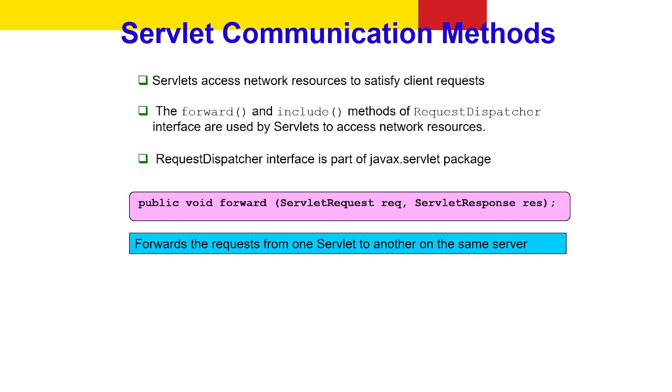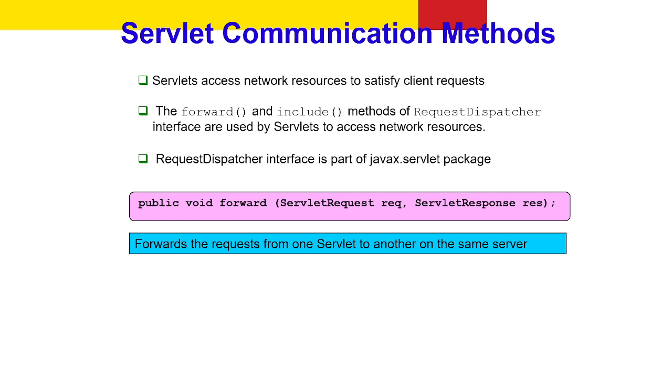Prior to this, I need to create an object of RequestDispatcher. Using that object, I will use the forward method, passing the request and response objects. It forwards the request from one servlet to another, purely a servlet method, only on the same server.